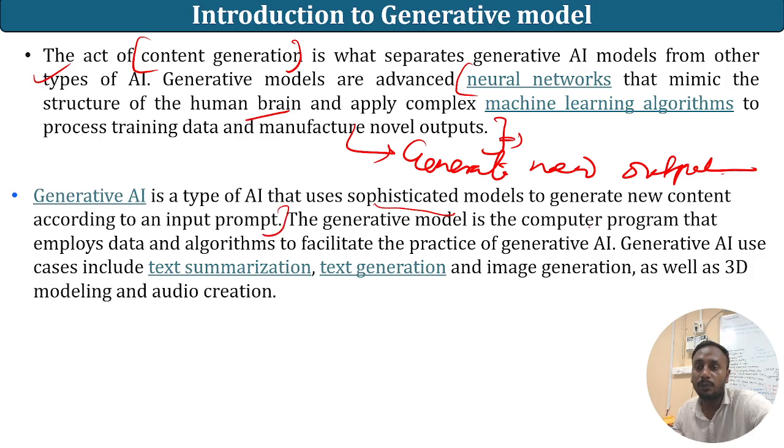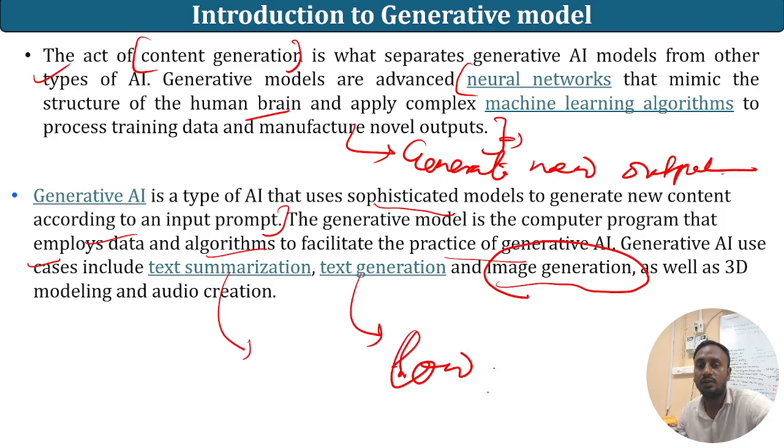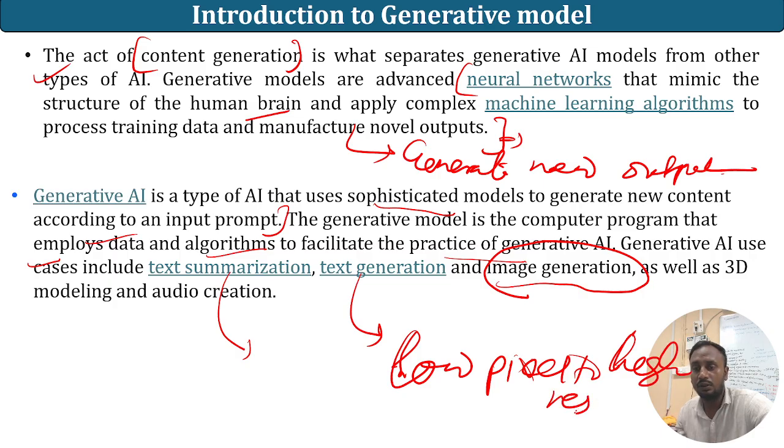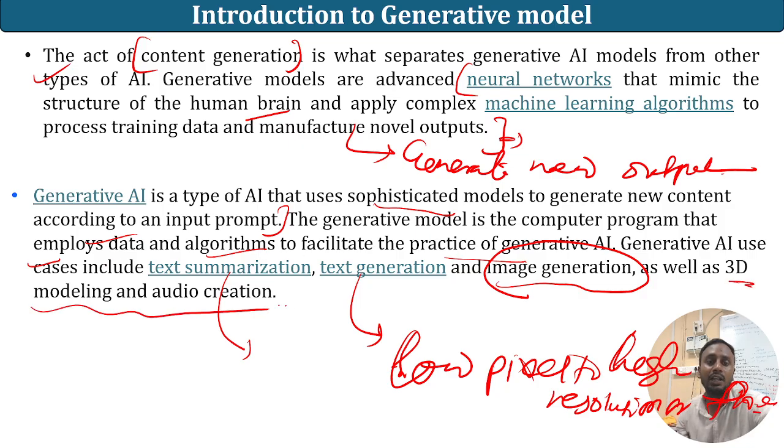It's a computer program that employs data algorithms to facilitate the practice of generative AI. Generative AI use cases include text summarization, text generation, and image generation, from low pixel to high resolution, as well as 3D modeling and audio creation.